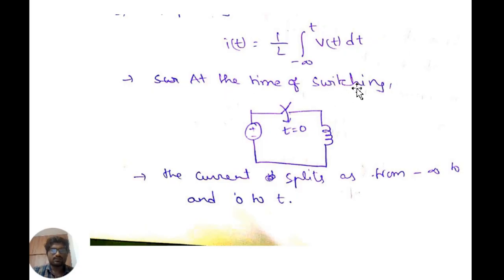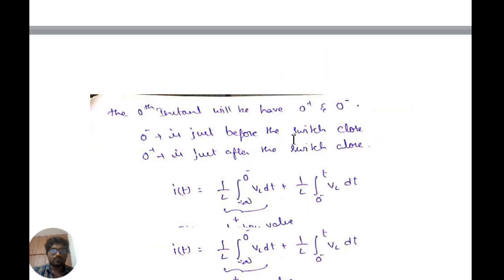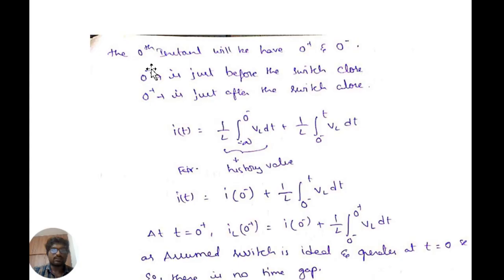If we consider a switching circuit, the switch is closed at the time t is equal to 0. The integration limits can be split as minus infinity to 0, and 0 to t. So the 0th instant is subdivided as 0 plus and 0 minus. 0 minus is just before the switch is closed. 0 plus is just after the switch is closed.